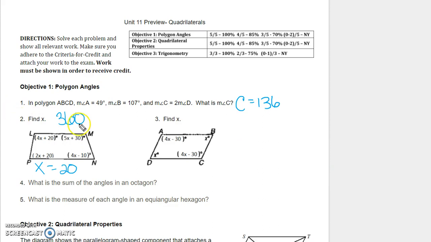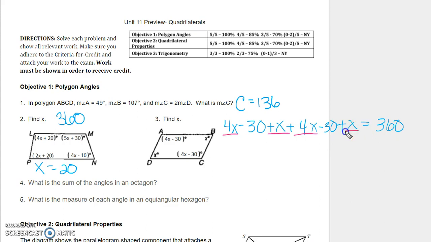Okay, number 3 is kind of similar to number 2. I have 4 angles. All 4 angles are going to add up to 360. So I can take 4x minus 30 plus x plus 4x minus 30 plus x, and I know that has to add up to 360 degrees because that's how many degrees a quadrilateral adds up to. I'm going to combine like terms.